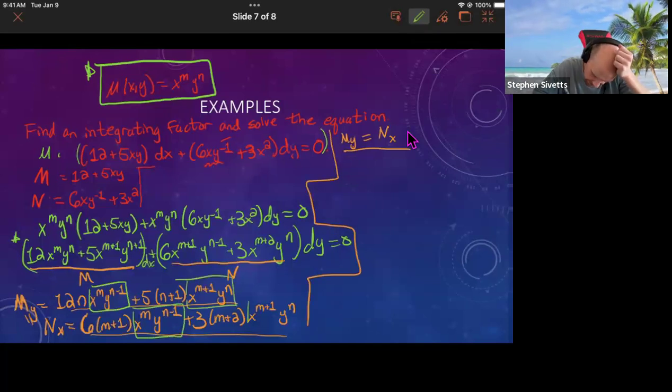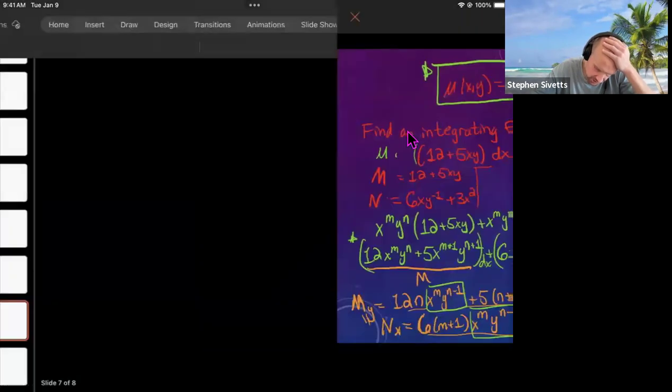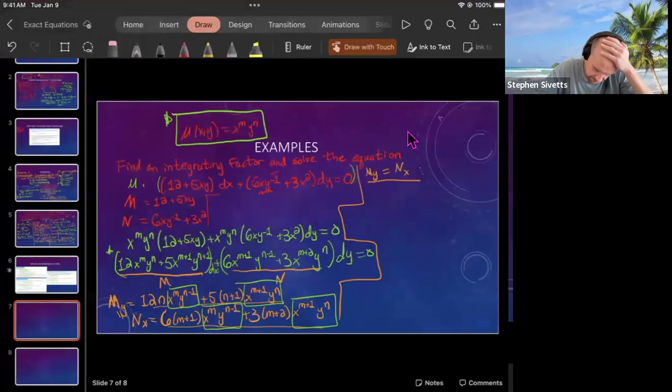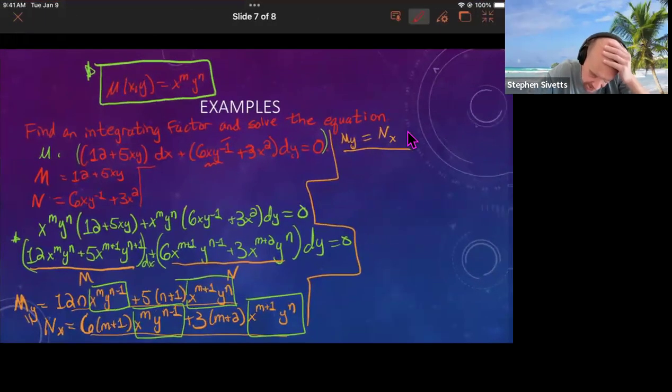I don't know if you noticed that, but these are the same. So all you have to do is make sure the coefficients are the same. So match the coefficients of the x^m y^(n-1) terms.